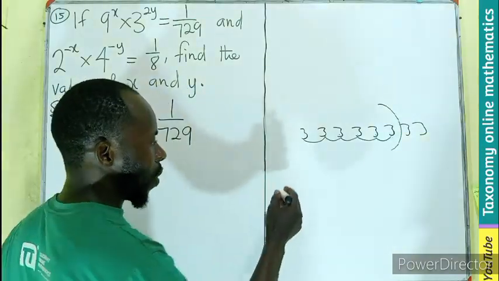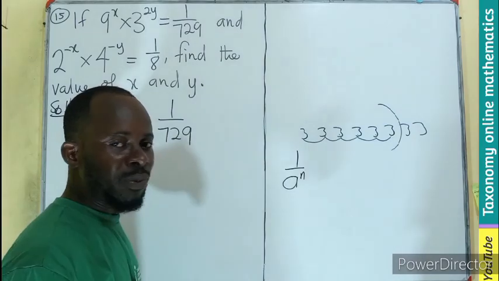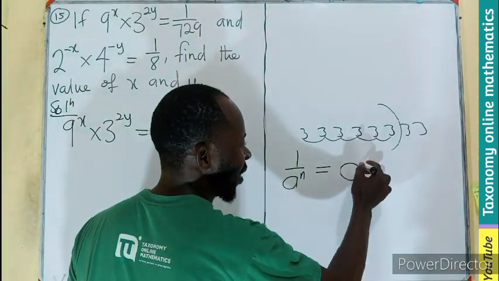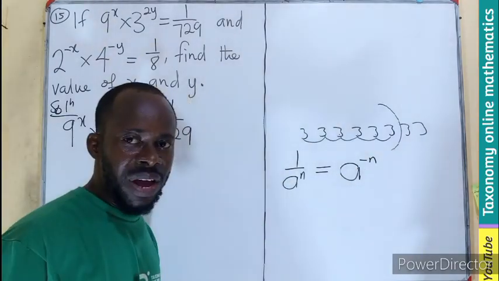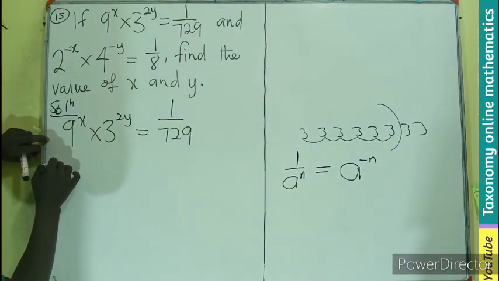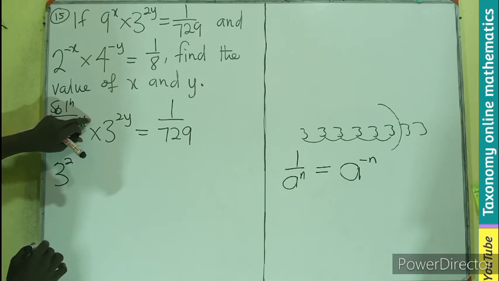We can also recall that if I have 1 over a exponent n as a fraction, I can write that as a exponent negative n. That is going to happen here. So this is going to be 3 exponent 2, which gives rise to 9. That exponent is having x.